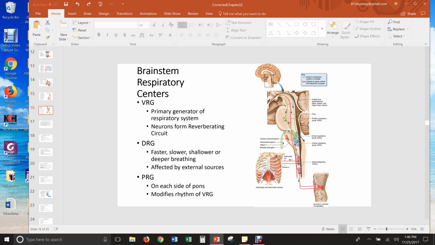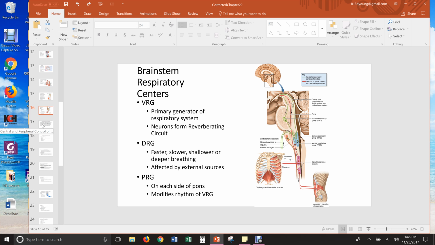The dorsal group is mostly breathing in. And what we're going to find with the pontine group, as we breathe in, breathe out, the pontine group is going to be able to fine tune the breathing, help to make sure that we have a good rhythm of our breathing.